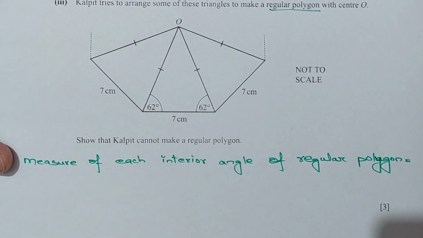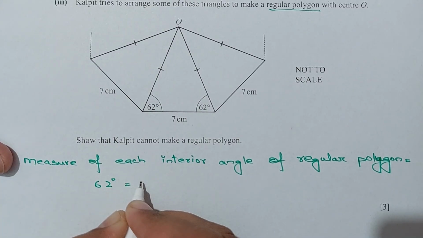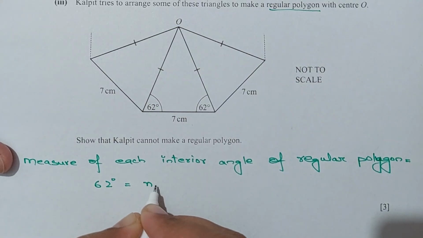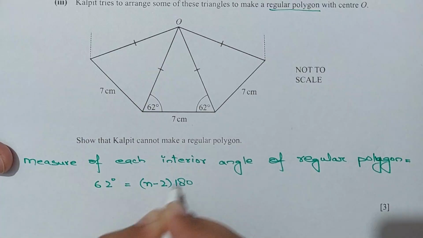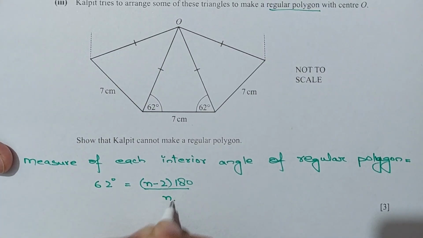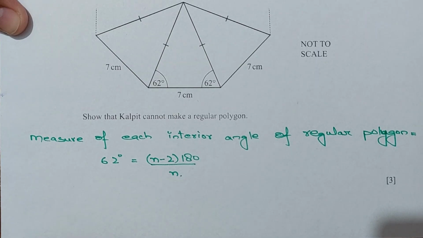This angle we have been given. Let's say it is a regular polygon, so each interior angle is 62 degrees, and this would be equal to (n minus 2) times 180 divided by n, where n is the number of sides. That is the formula. Let me simplify this further.